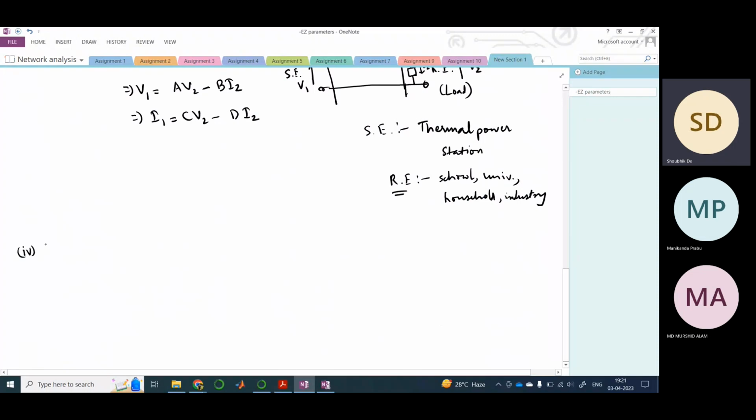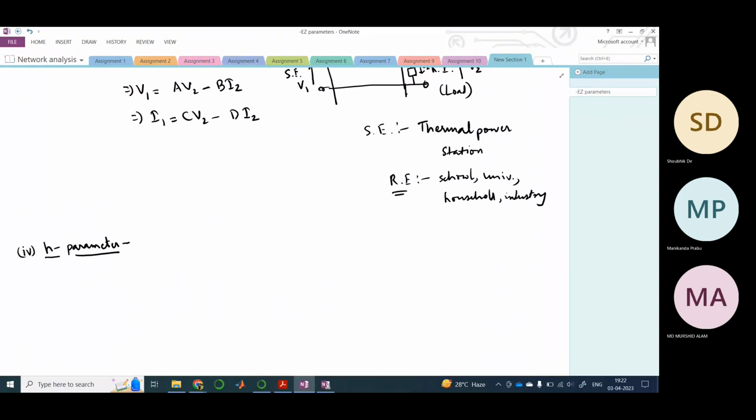The last is the H parameter, or the hybrid parameter. If you have done analog circuits with BJTs, you might have used this hybrid parameter. It is very useful for the AC modeling of analog circuits, the BJTs, like the common emitter amplifier.